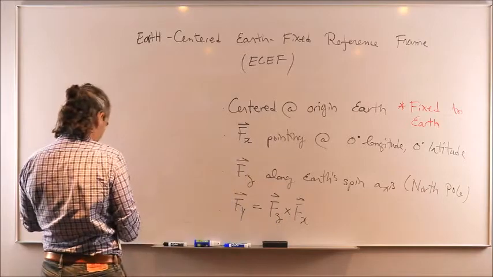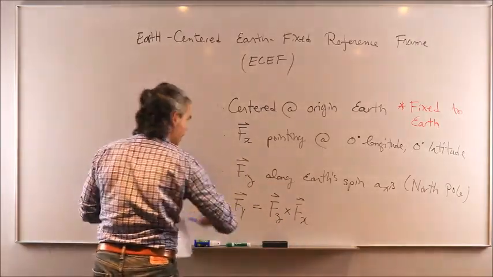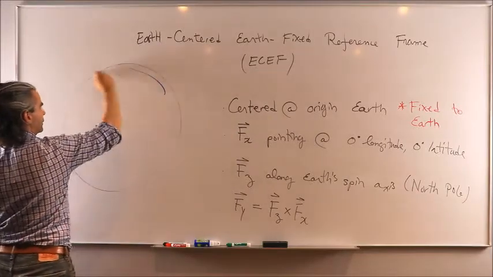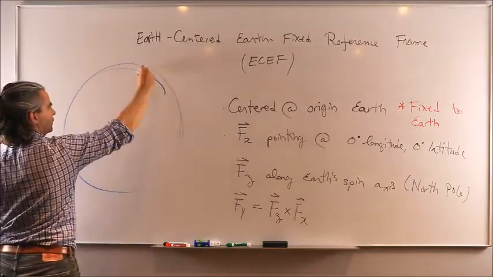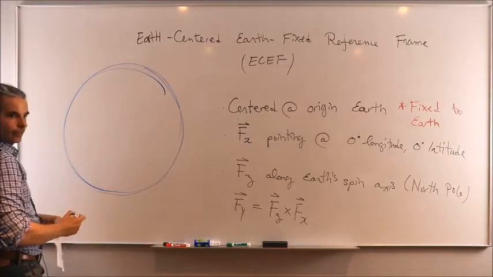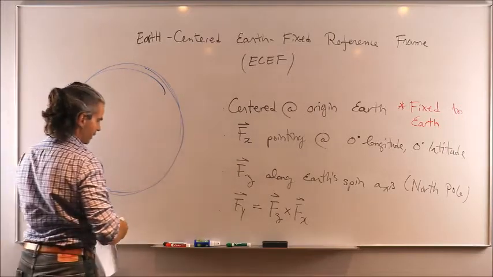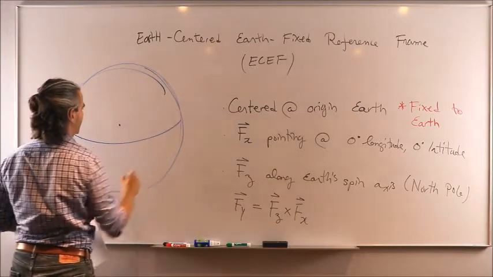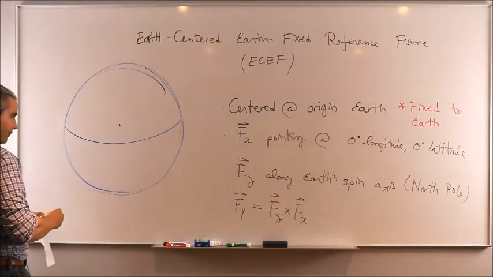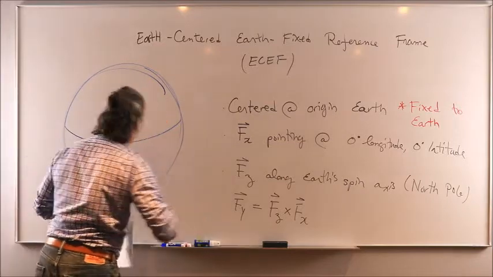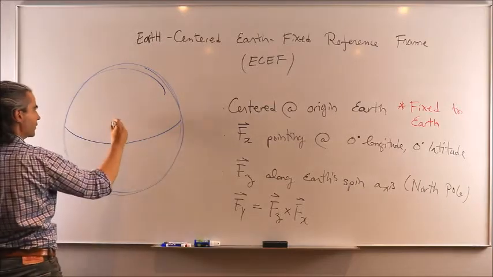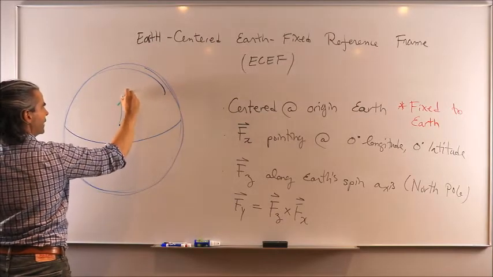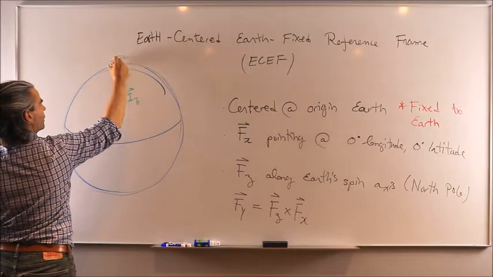So graphically, this is how it would look like. We have the Earth as a sphere. We have the center of the Earth, the equatorial plane, like this. Let me draw the inertial reference frame for completeness, which had Iz towards the North Pole, like that.